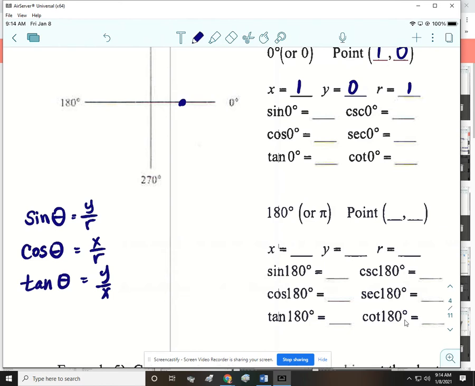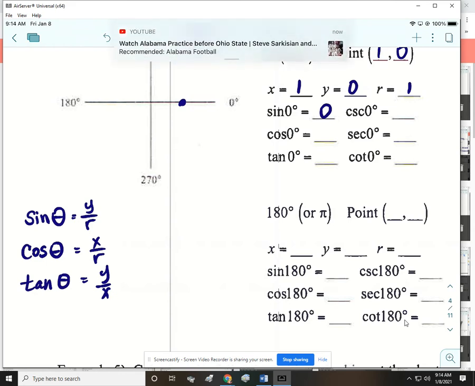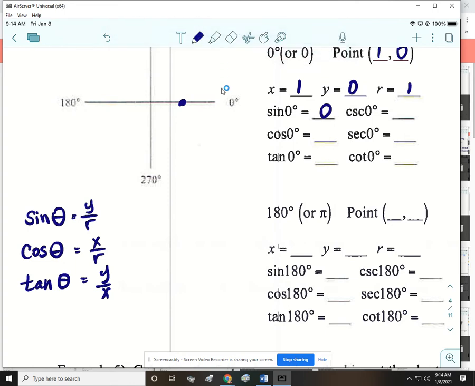To find the sine of 0 degrees, we put y over r, so 0 over 1 is 0. Cosine is x over r, so 1 over 1 is 1. And for tangent of 0 degrees, we do y over x, so 0 over 1 is 0.